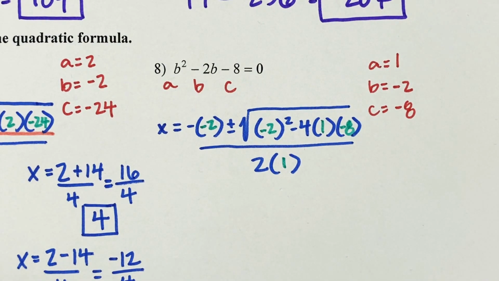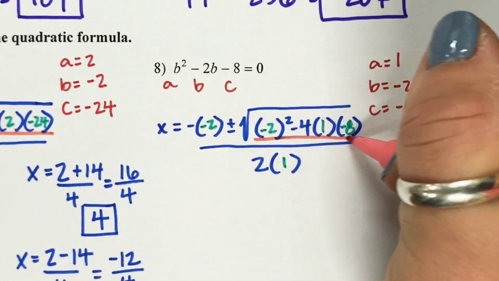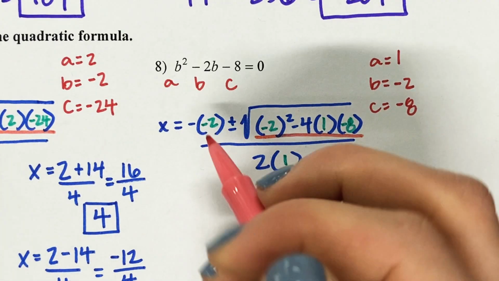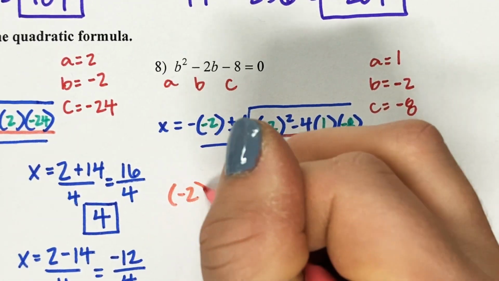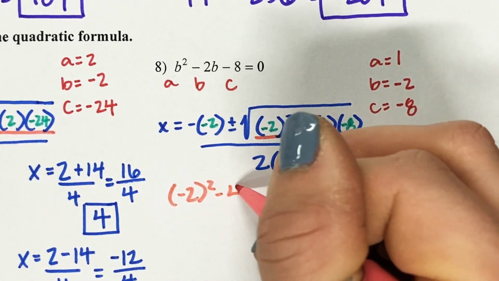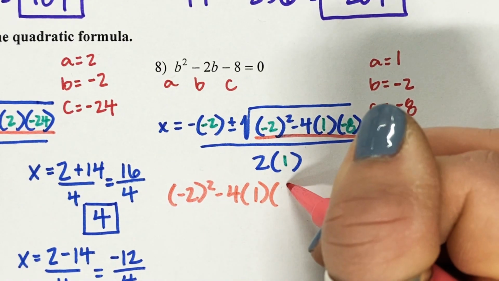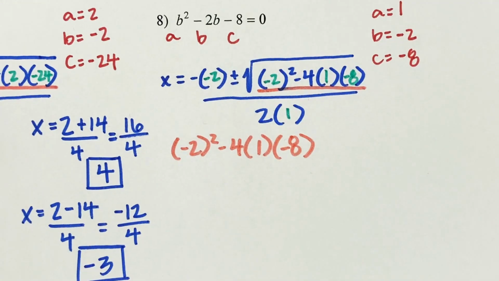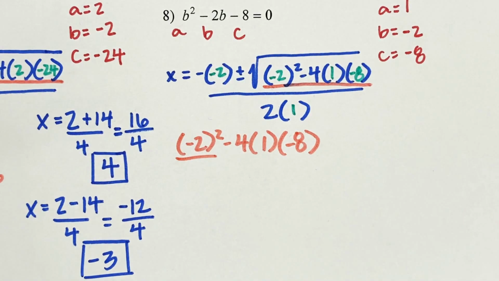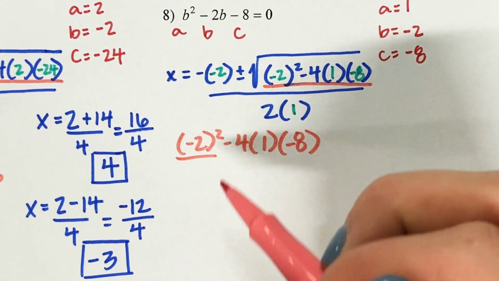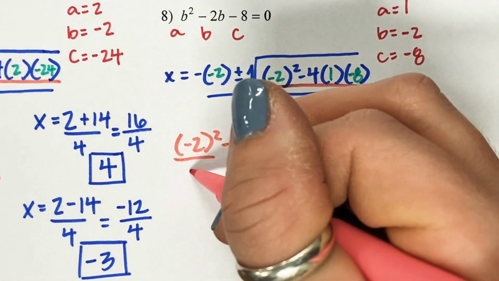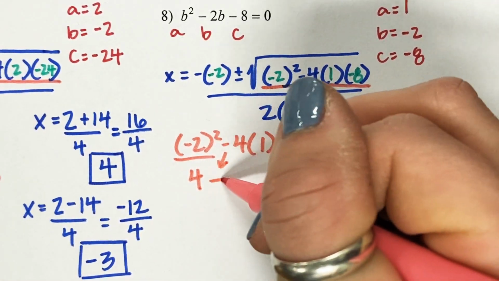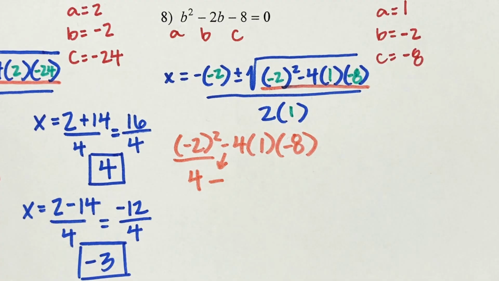The next part we're going to solve is the discriminant. We know how to solve the discriminant, so I'm going to bring this down here. We have negative 2 squared minus 4 times 1 times negative 8. First piece: what is negative 2 squared? Negative 2 times negative 2 gives me a positive 4. I know I'm going to subtract my next piece.